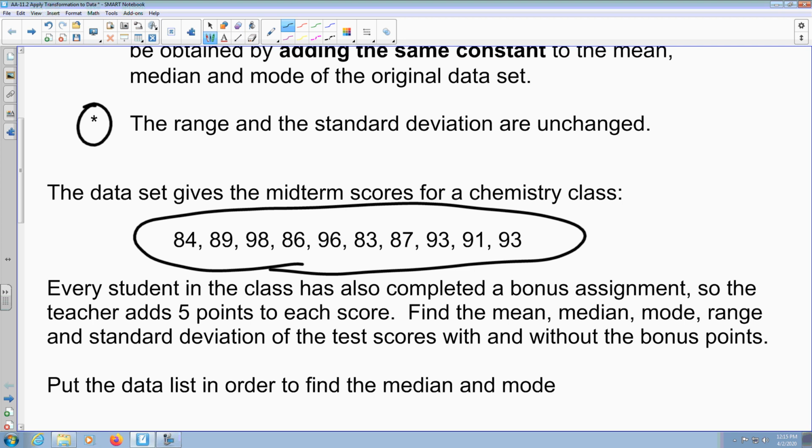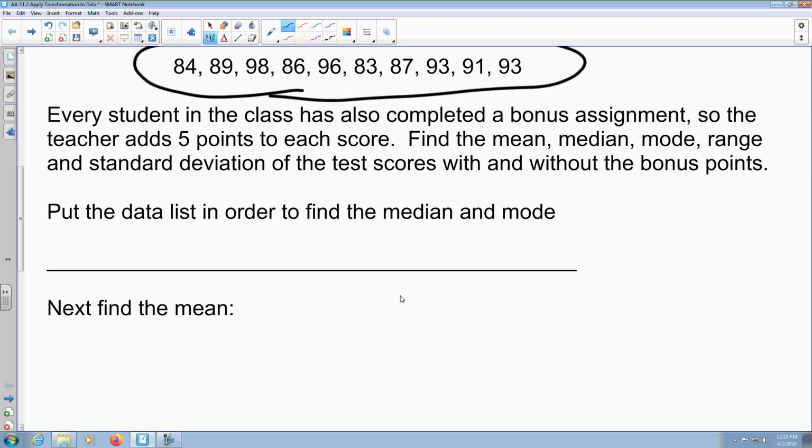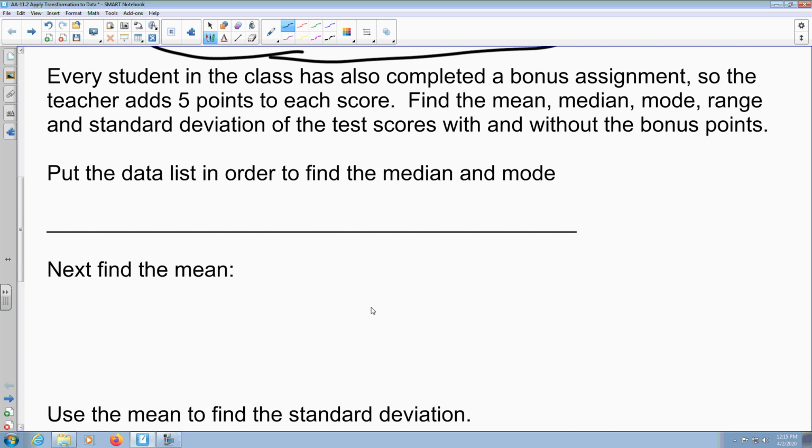They want you to find the mean, median, mode, range, and standard deviation of the test scores with and without the bonus points. So essentially what we're going to do is look at all those things and then apply the bonus afterwards.